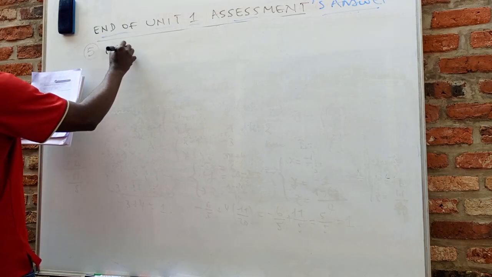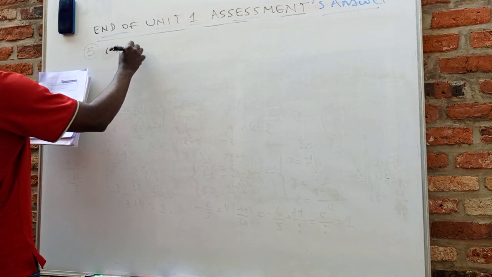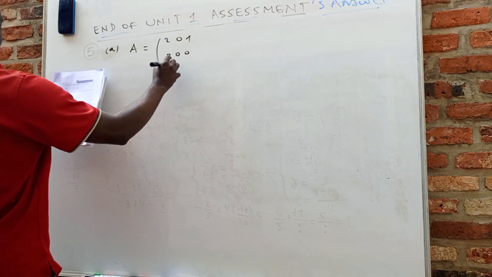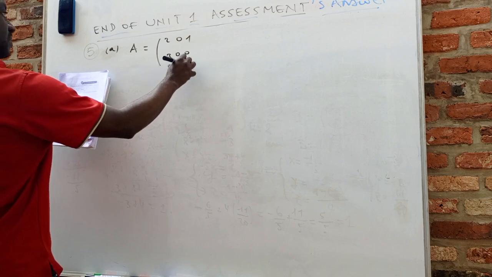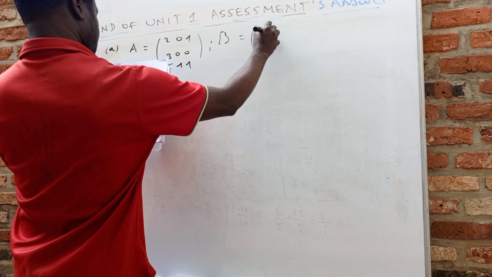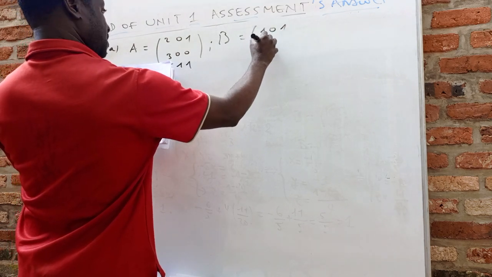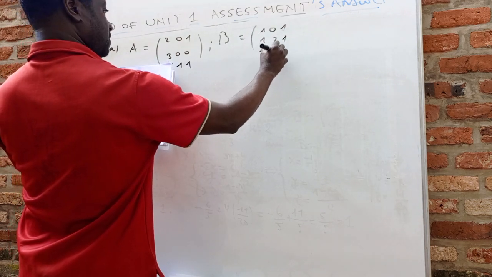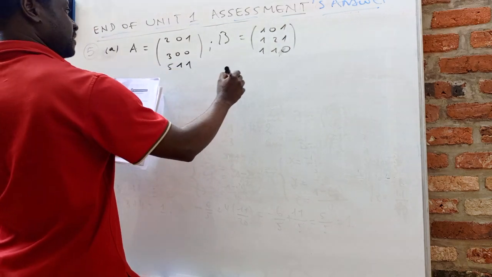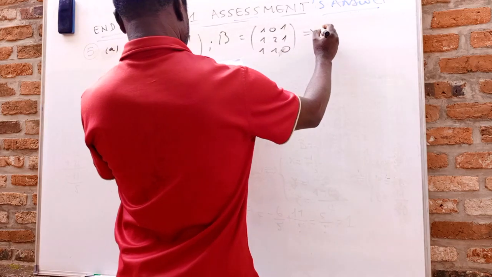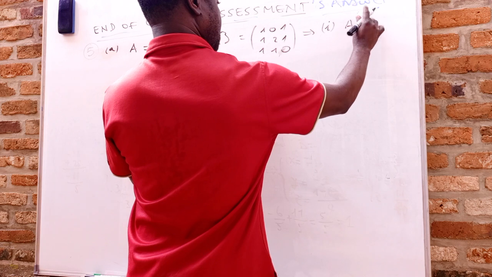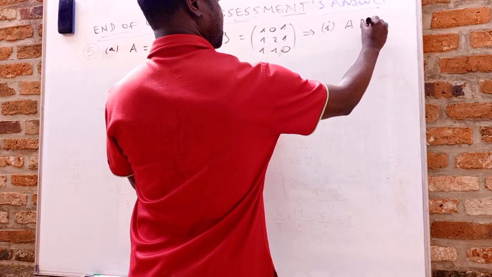So question A, given A is equal to 201, 300, 511, and B is equal to 101, 121, 111, 110. Okay. Now the question is, what is A times B? What is the product?